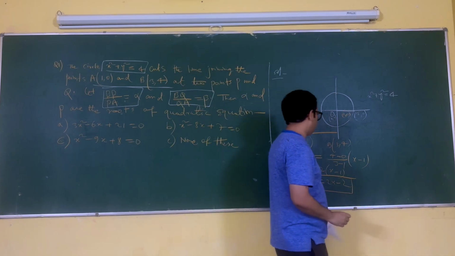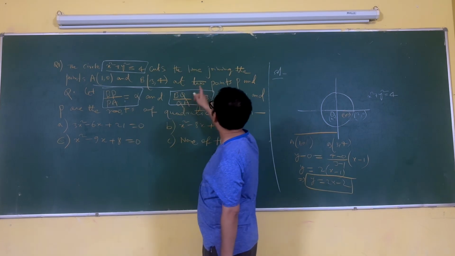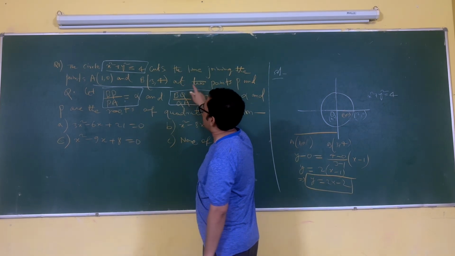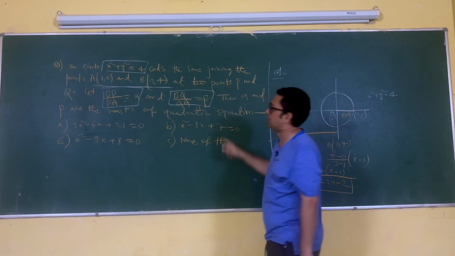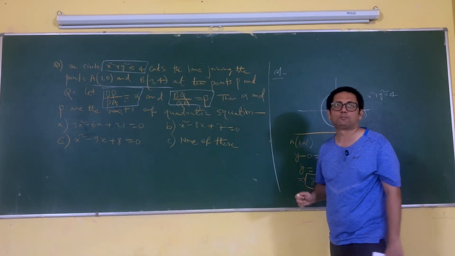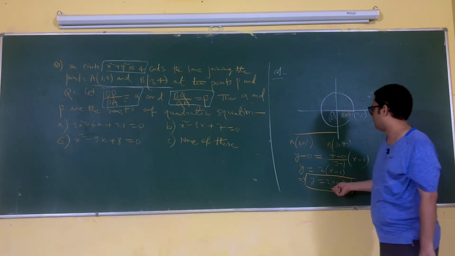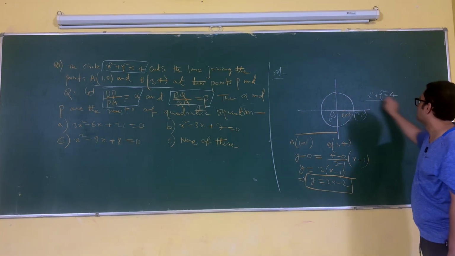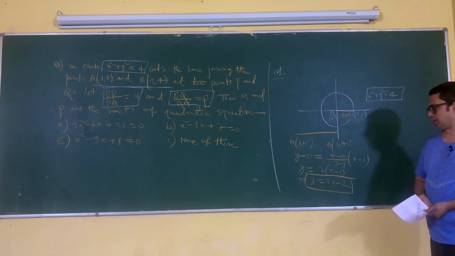So basically what is given in this question is that the circle and the line are intersecting each other at 2 points P and Q. So first of all we will solve these two equations, the equation of the circle and the equation of this line.